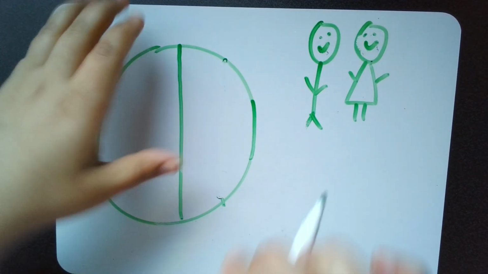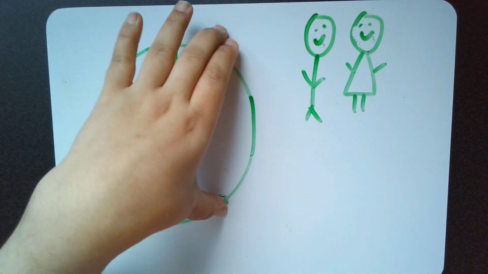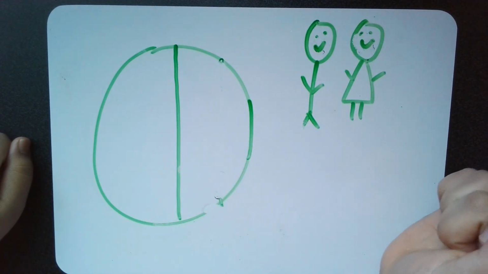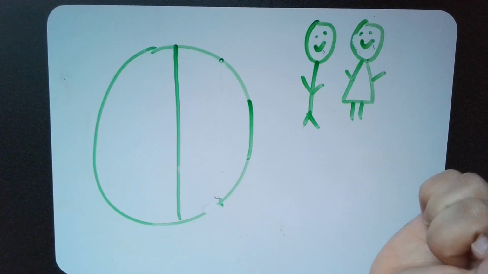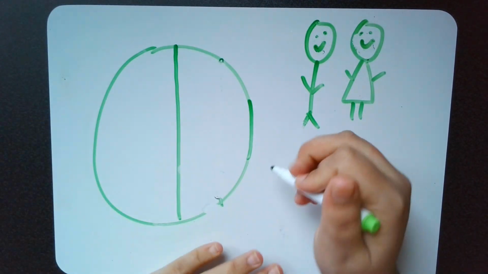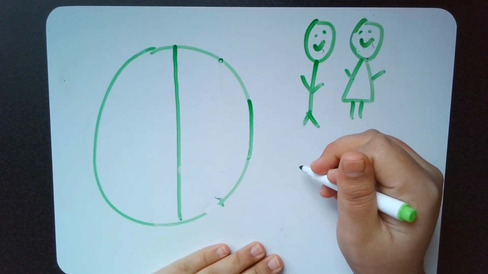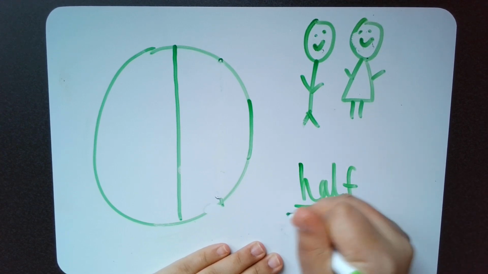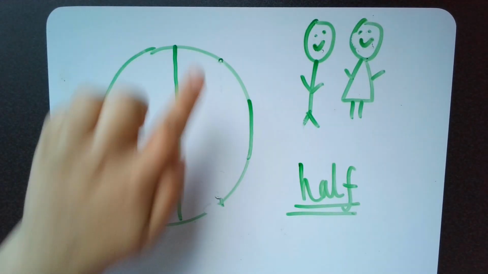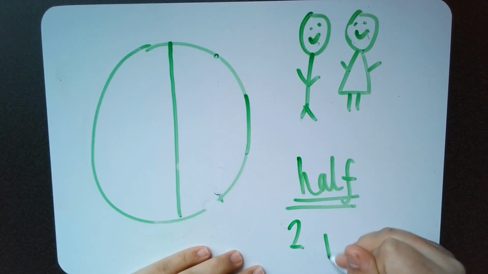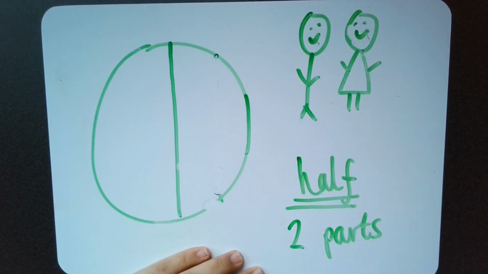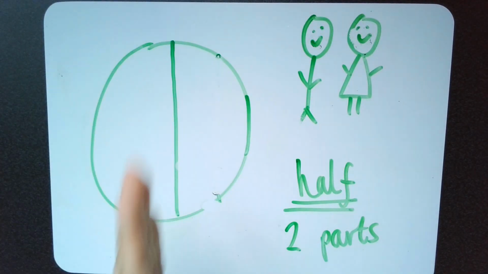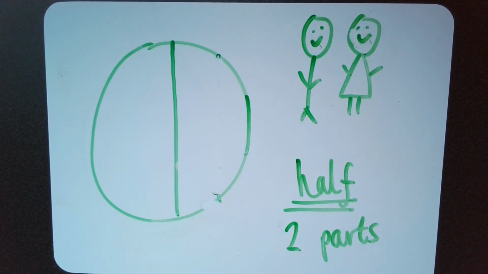I've got one part which will go to my first person and another part which will go to my next person. They both get an equal amount of pizza. So, we can actually call this half. That's when we divide something into two equal parts. If we've divided something into two equal parts, we've divided it in half.